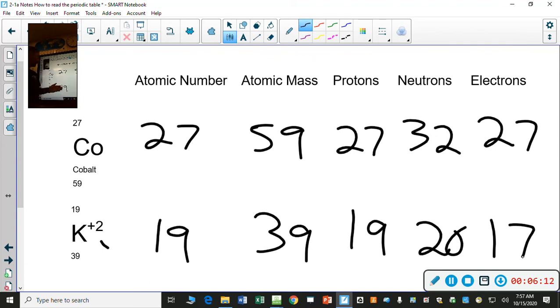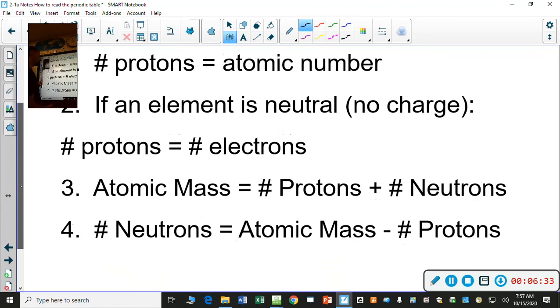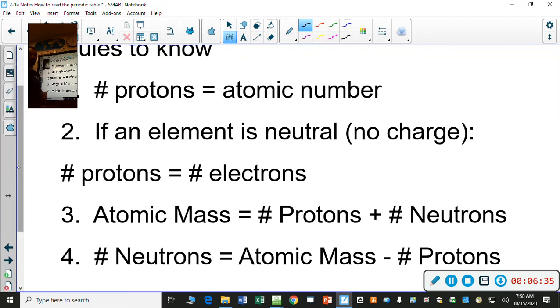So in this case, it's +2, so you're going to subtract away 2 electrons to make it a positive charge. Hopefully that makes sense to you guys. We're going to do more practicing with this. This commonly definitely gives people a hard time, so make sure you know the rules from the previous slide. These rules right here are key to actually getting this down.